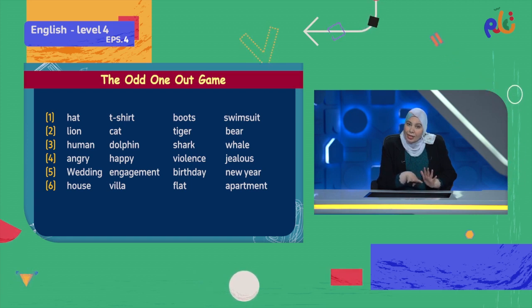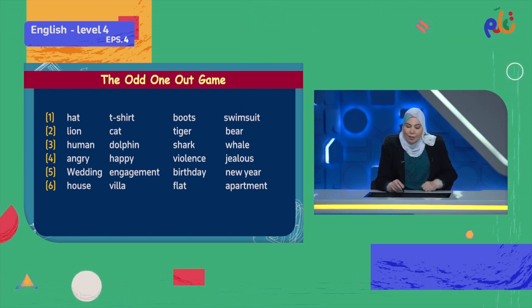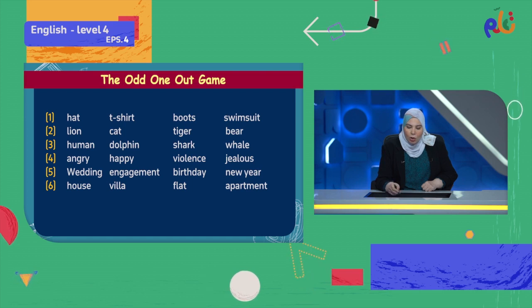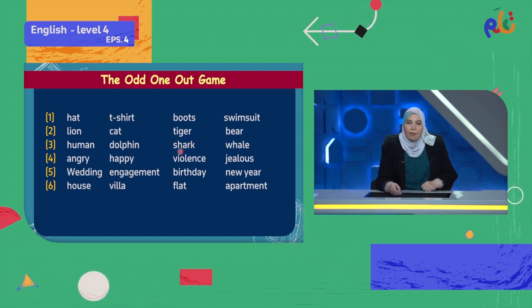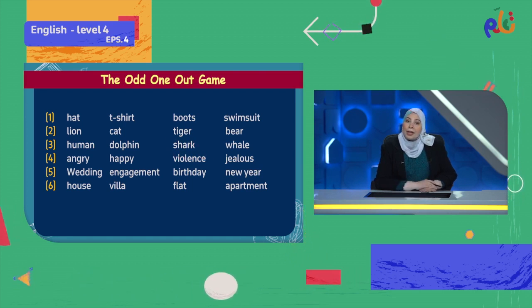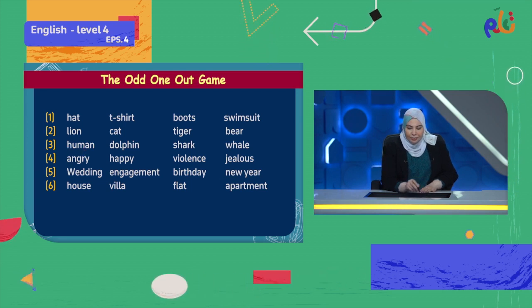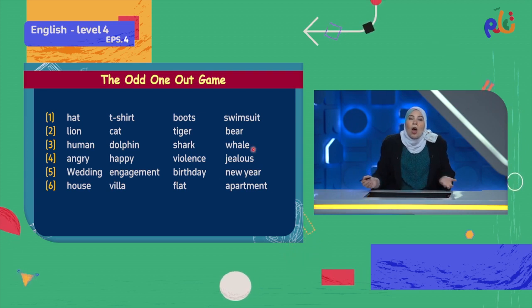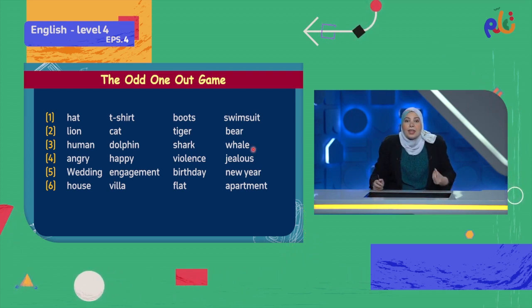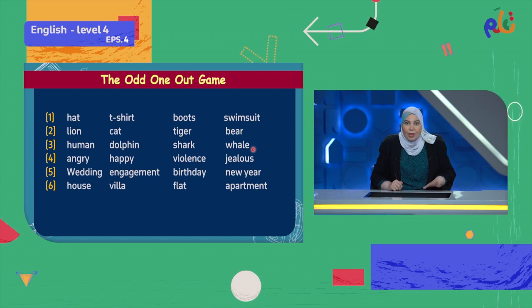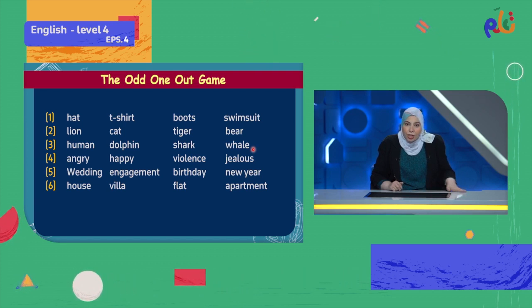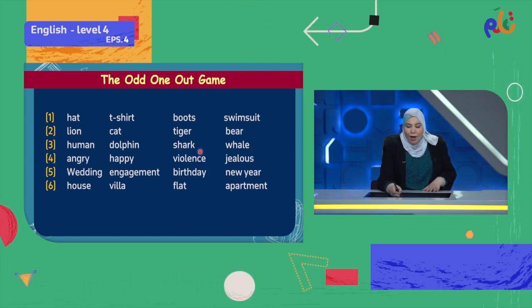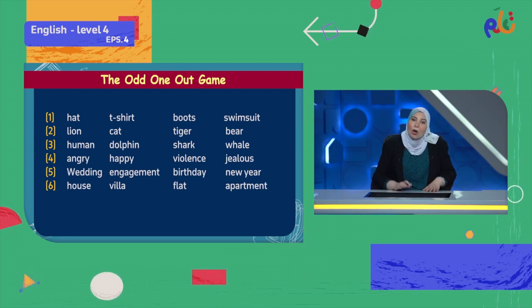Or we can think deeper, and if we think deeper, I will choose violence. Why? Because angry, happy, and jealous are all adjectives. They are all feelings. So we're talking about 3 adjectives, while violence here is a noun.